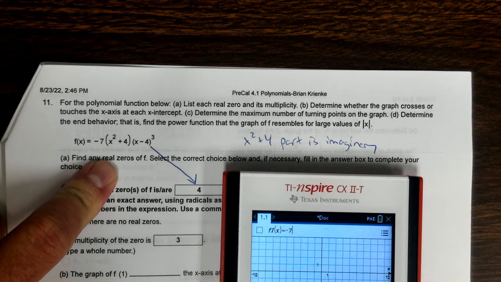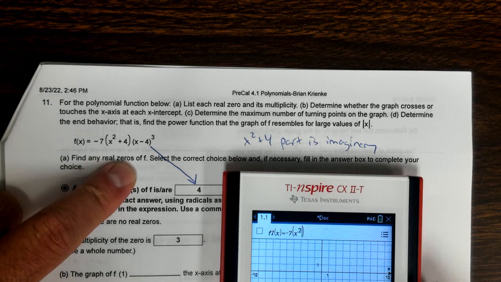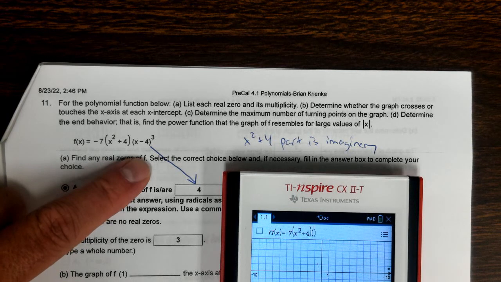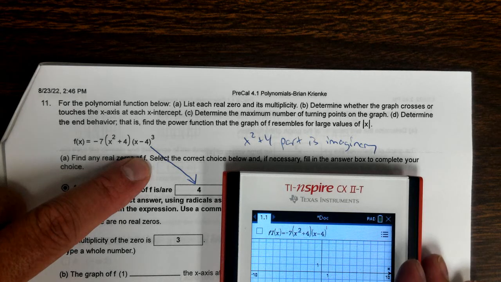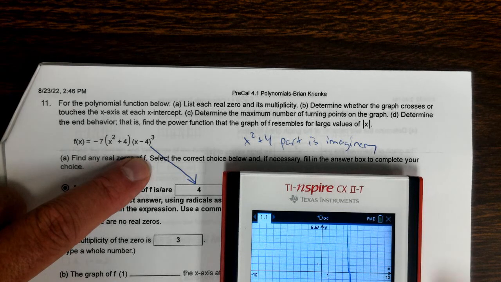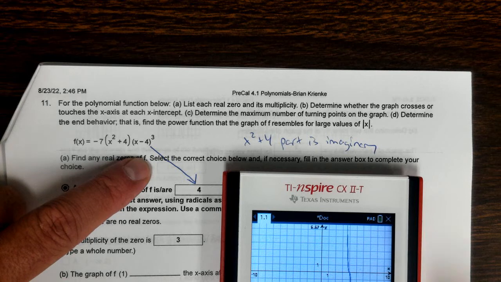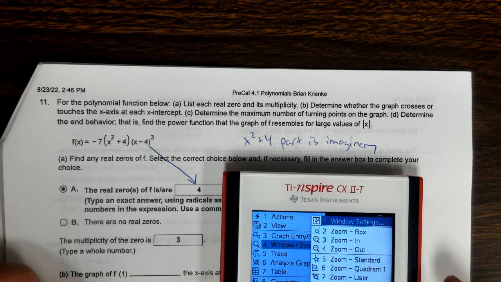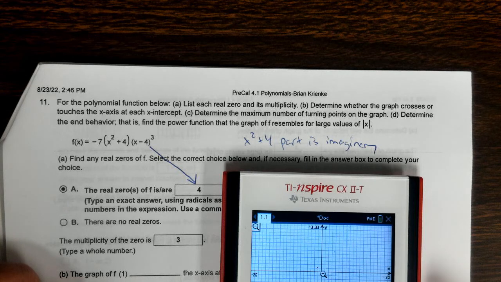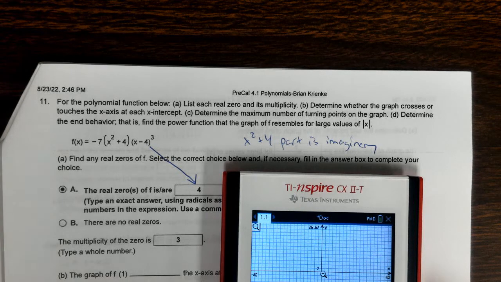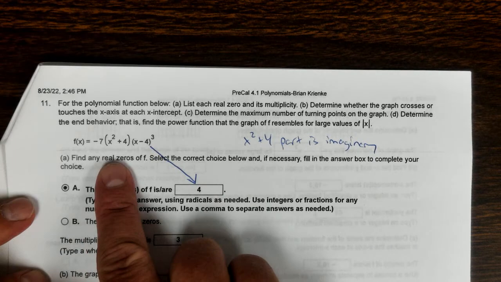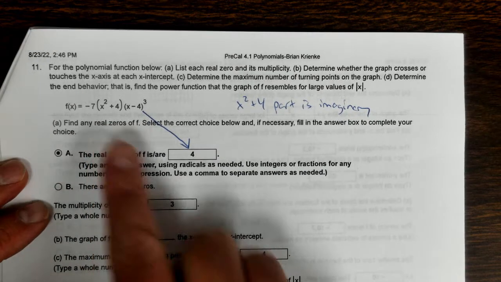Negative 7 parentheses x squared plus 4, and then x minus 4 to the third power. You only have one x-intercept. Even if you were to zoom out, you only see one.